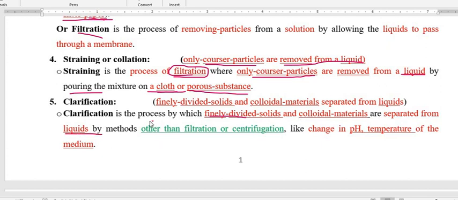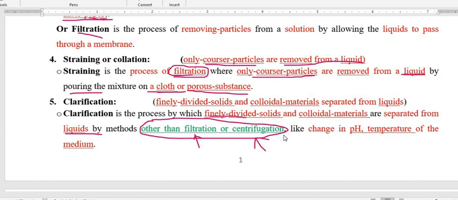But in this, we are not going to apply filtration or centrifugation. As we have seen, in filtration we use filter paper. In centrifugation, we apply centrifugal force to settle the heavier matter at the bottom.